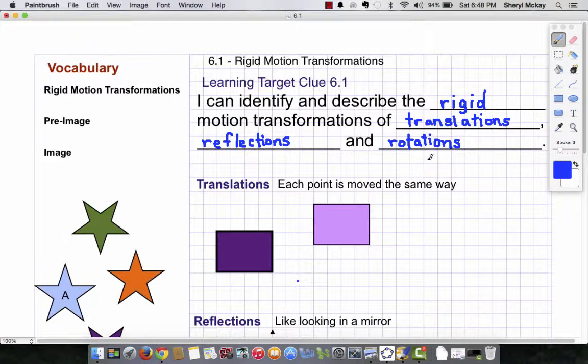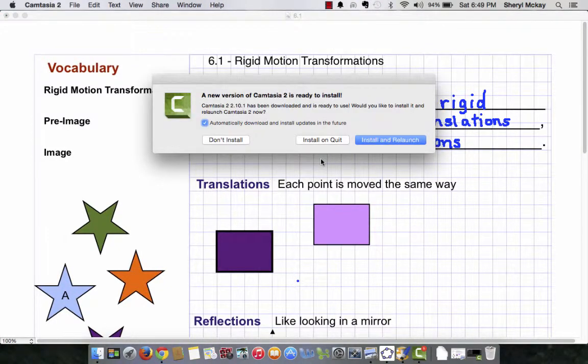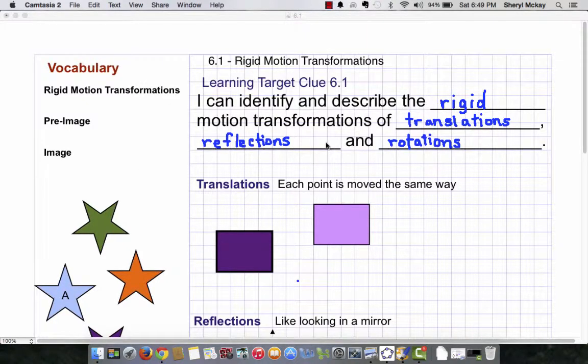Let's start off by going over a little bit of vocabulary. So, what's a rigid motion transformation? Well, a rigid motion transformation is basically taking an image, whether it's a point, a line, or a figure of some sort, and making a perfect copy of it.